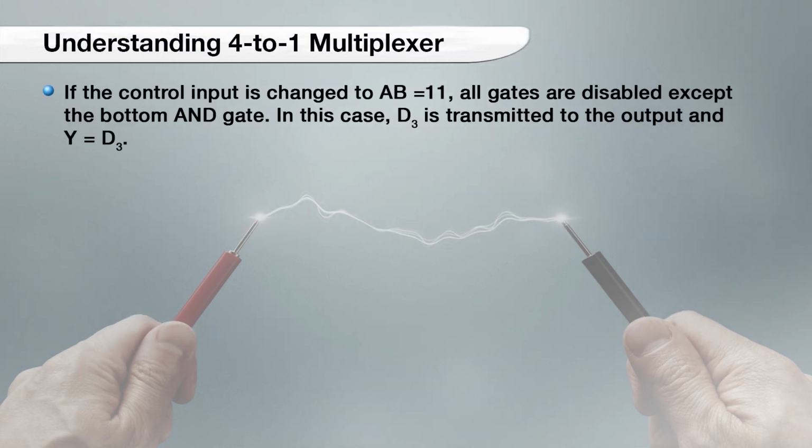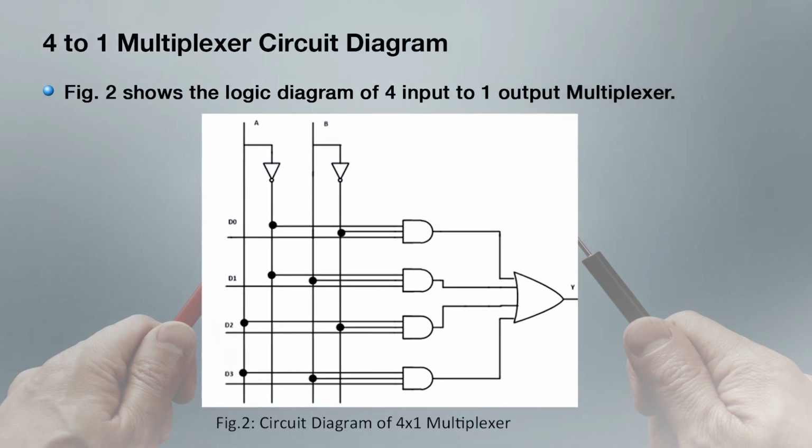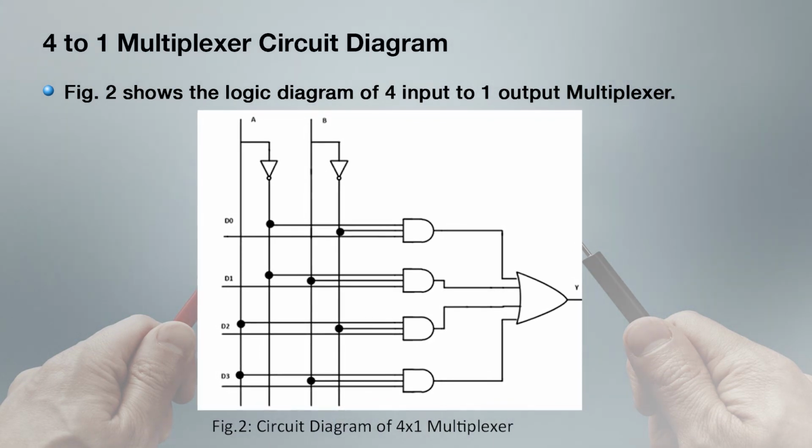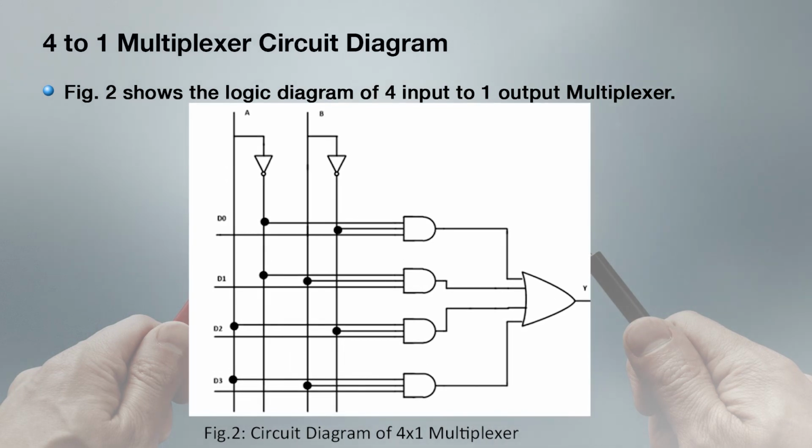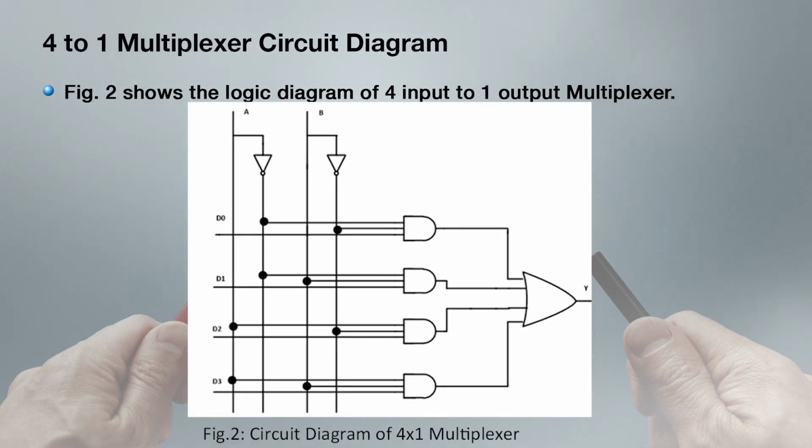If the control input is changed to AB equals 1 1, all gates are disabled except the bottom AND gate. In this case, D3 is transmitted to Y and Y equals D3. So, figure 2 shows the logic diagram for the 4 input to 1 output multiplexer. This is the circuit diagram which we have been discussing.